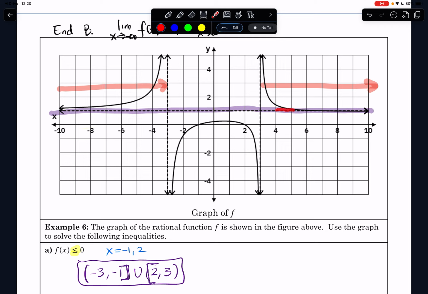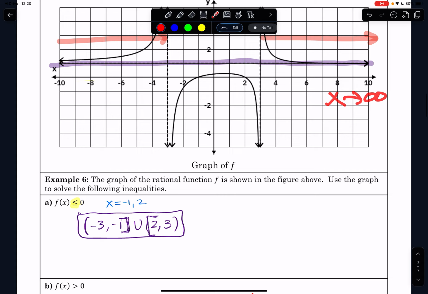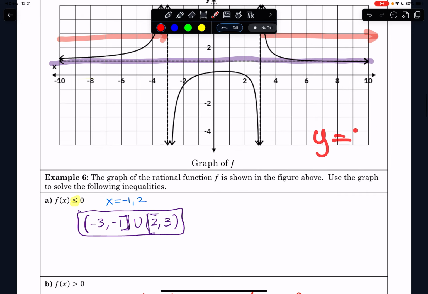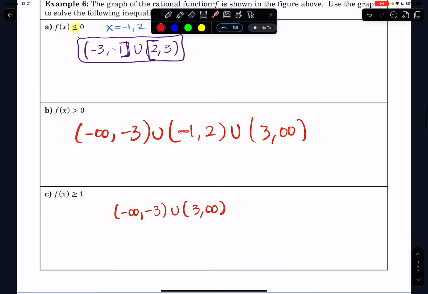The gap just gets smaller every single time we move further along the x-axis and make x extremely big. This gap gets really, really small, and y just gets closer and closer to the value of 1 without ever equaling 1. Okay, so we have no intersections.